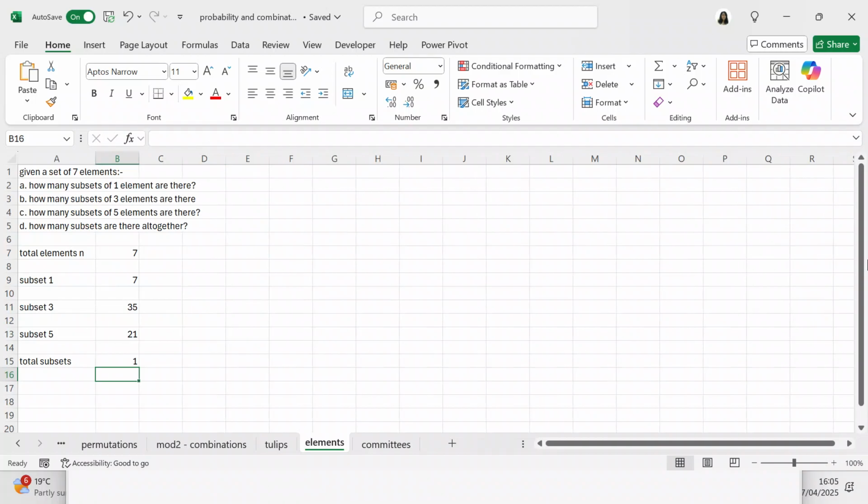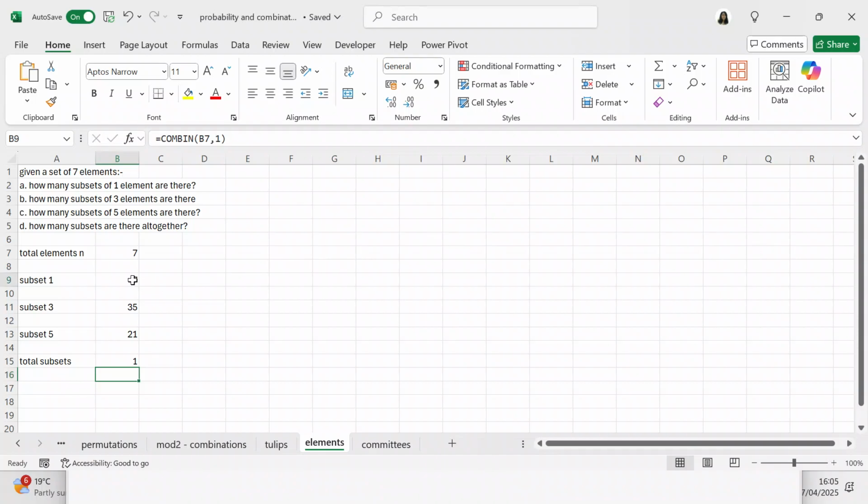The next question is about elements. We're given a set of 7 elements, and we have 4 questions concerning those 7 elements. A, how many subsets of one element are there? B, how many subsets of 3 elements are there? C, how many subsets of 5 elements are there? D, how many subsets are there altogether? So the total elements, n, is 7.